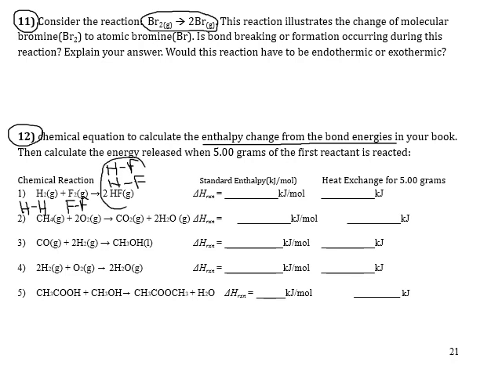So we have 2 of these, and then we have 1 of these, and 1 hydrogen, 1 fluorine, and you would add those up. And remember that when chemical reactions occur, bonds are broken on the reactant side, and then created on the product side.